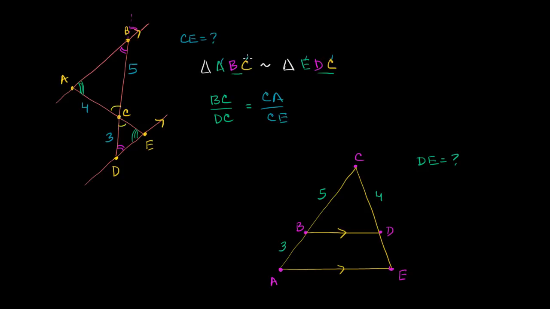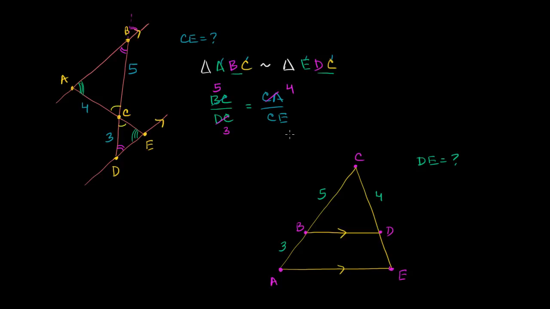Corresponding sides, the last and the first, last and the first. We know BC is 5, DC is 3, and CA is 4. Now we can just solve for CE.